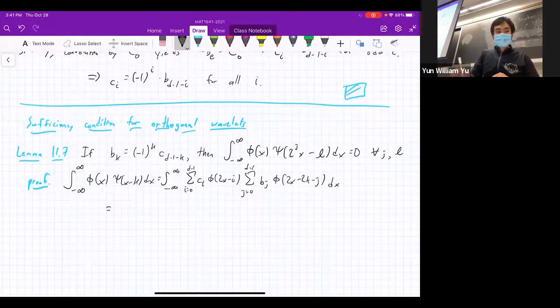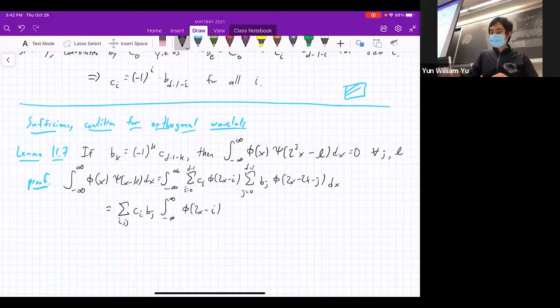Use the usual tricks. This is equal to a double sum over i and j of c_i b_j times the integral from minus infinity to infinity of phi(2x - i) times phi(2x - 2k - j) dx.